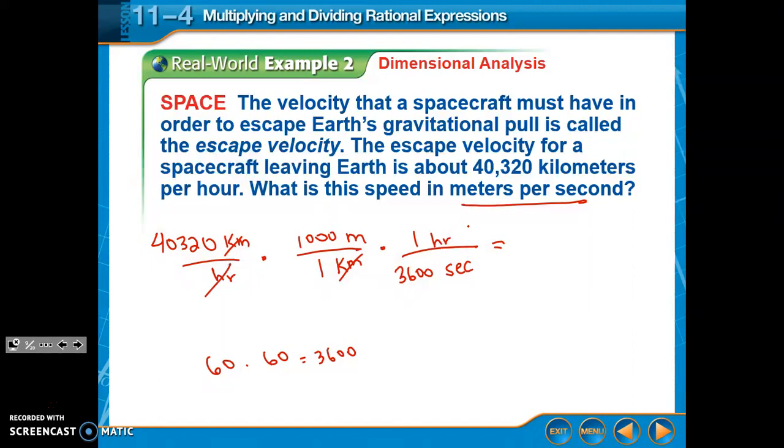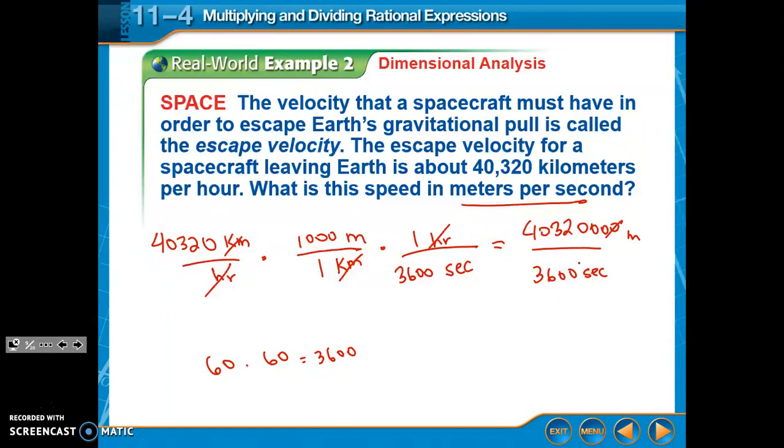So my hours now cancel. On the top I have this number times this number, and on the bottom I have 3,600 seconds. On the top I'm going to have 40,320, adding on 3 zeros, and this is meters. Then I just simplify this part here.